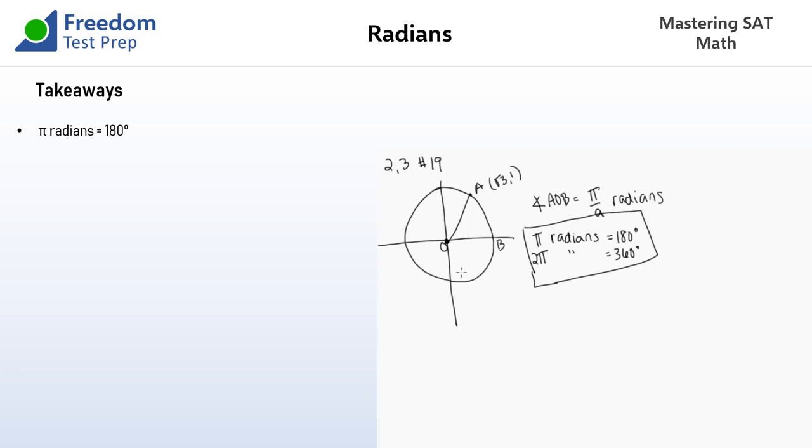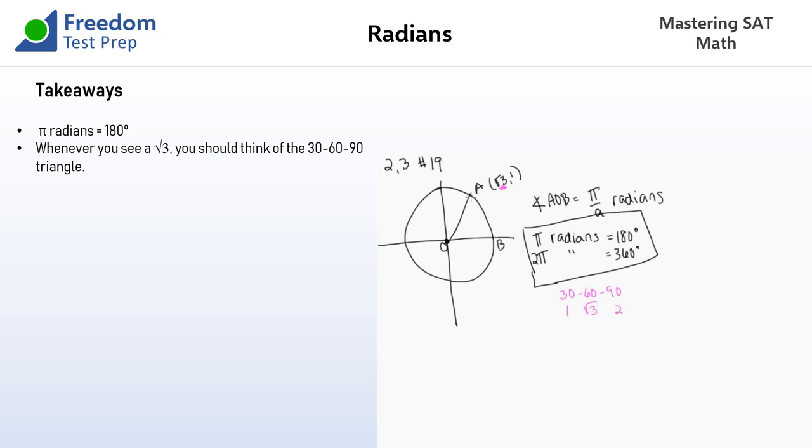All right, now let's look further at this problem. We have point A at root 3, 1. As soon as you see the root 3, you should be thinking 30, 60, 90 triangles, because I asked you to know your special triangles, and you really should. The 30, 60, 90 triangles have corresponding sides of 1, root 3, and 2.